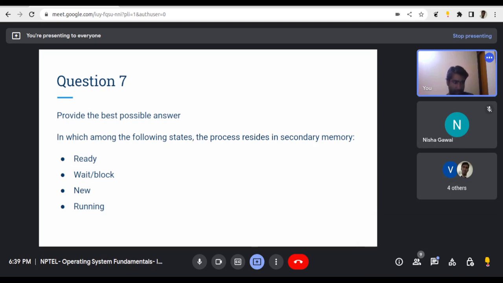Ready state, okay. Sonu says ready, Vishal says new state, okay. Anyone else would like to contribute?